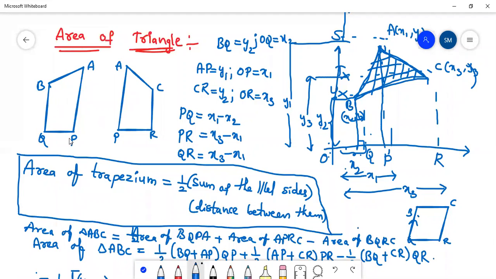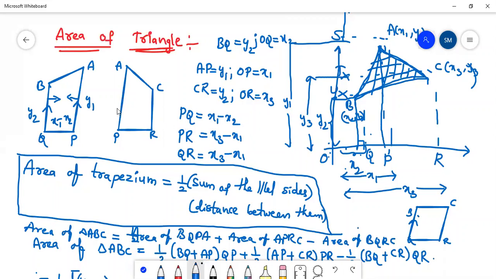Here BQ and AP are one pair of parallel sides, and the distance between these two parallel sides is needed. BQ distance is y2, AP distance is y1, and the distance between these two is x1 minus x2, since OP is x1 minus OQ is x2.